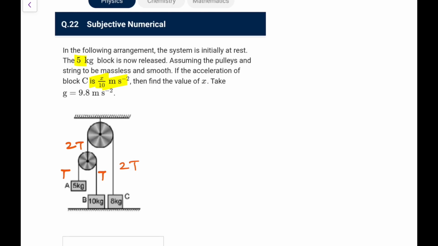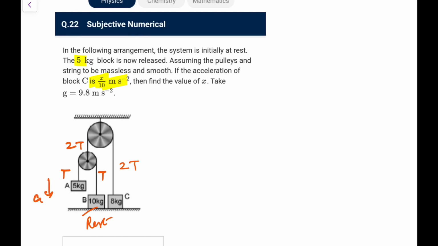I think the 5 kg block is not going to generate that tension to pull up this 10 kg one. So this 10 kg block cannot move, so it will remain stationary. Now this tension is less than 50, but 2t can be up to 100, so the pulley can move up.